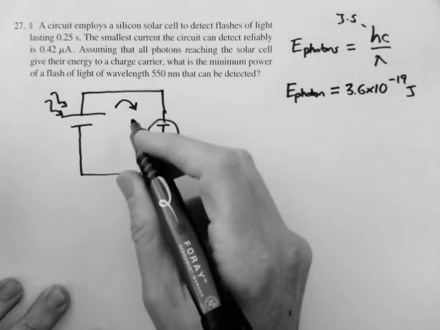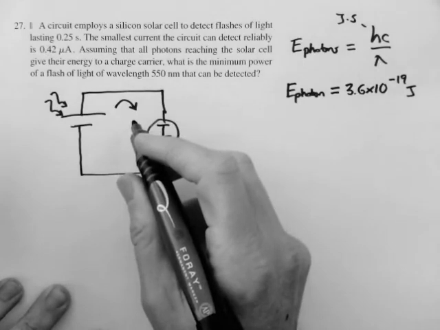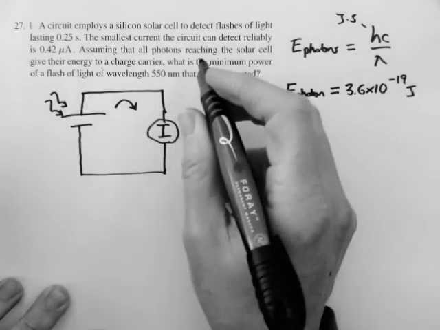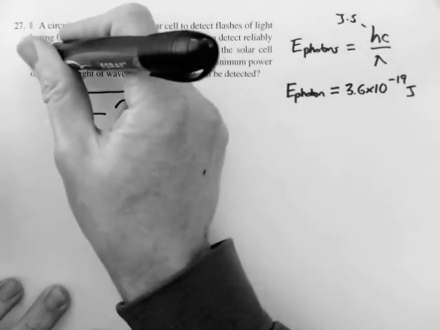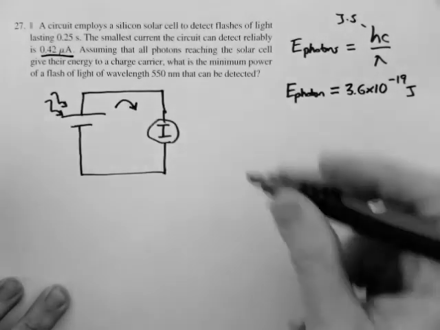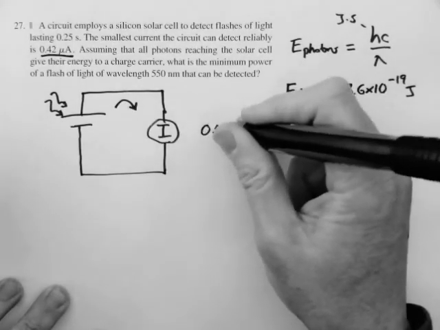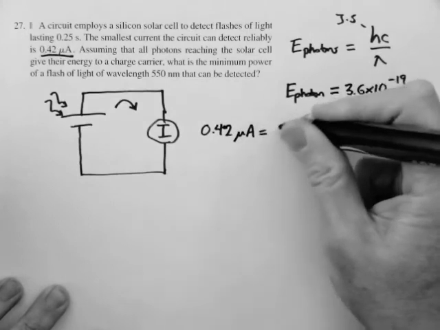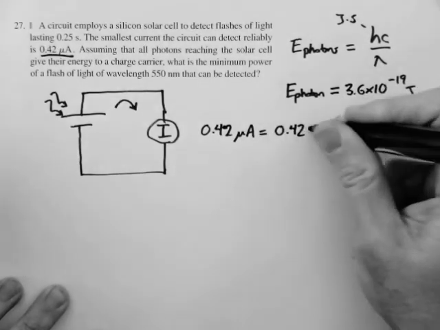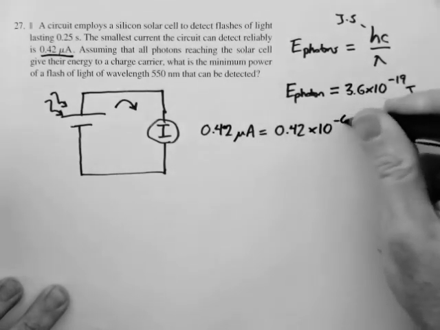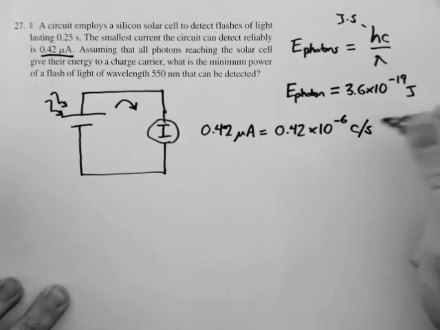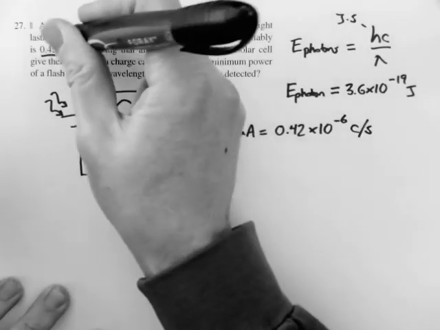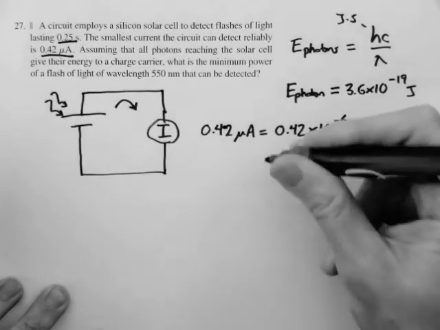Now, let's go forward. Let's do a solution here. The smallest current the circuit can detect is 0.42 microamps. Okay? Well, 0.42 microamps is 0.42 times 10 to the minus 6th coulombs per second. But we're detecting pulses of light that last 0.25 seconds.